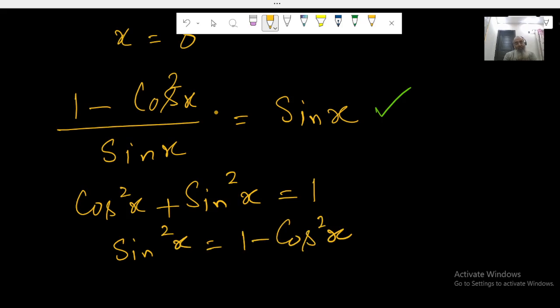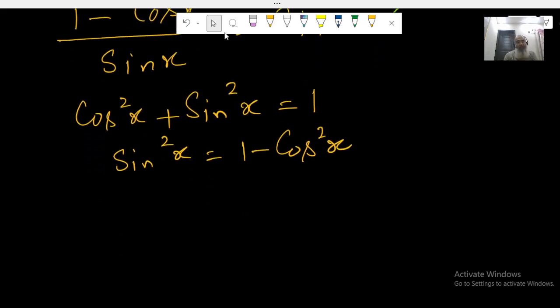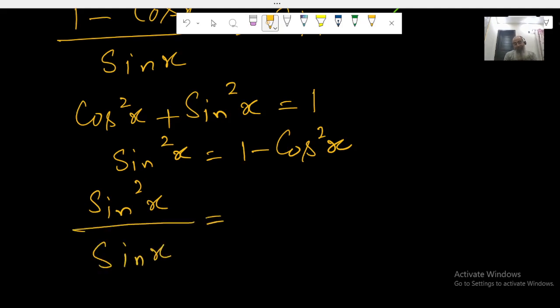It means that 1 minus cos square x is equal to sine square x. So now write it here. Sine square x divided by sine x, that is equal to sine x, and it's the correct answer.